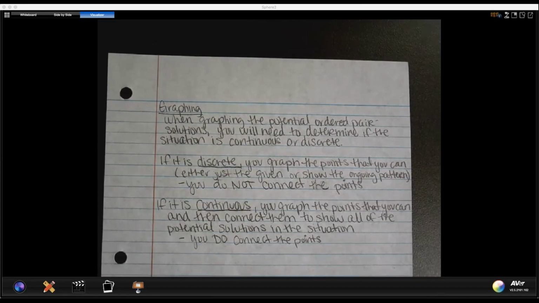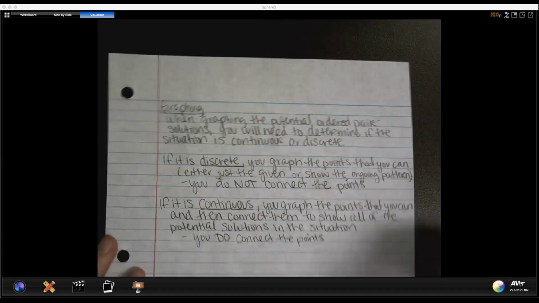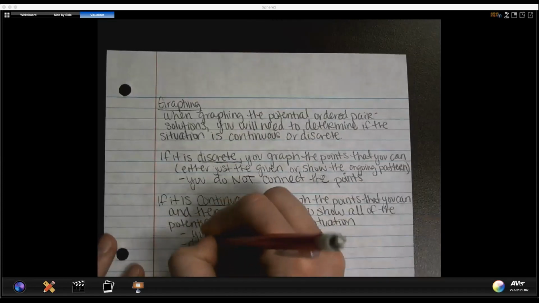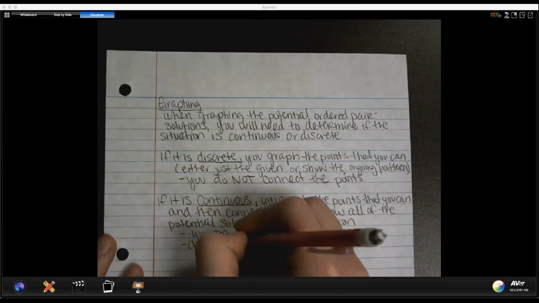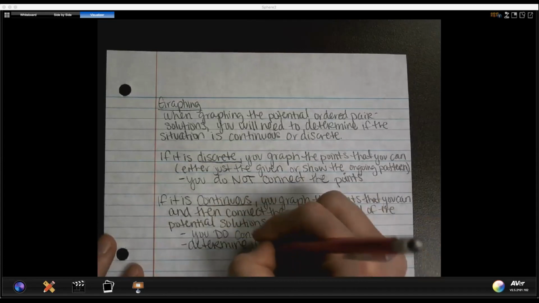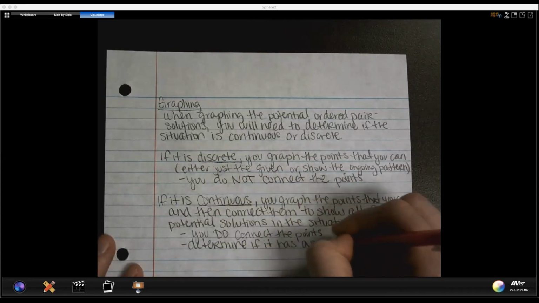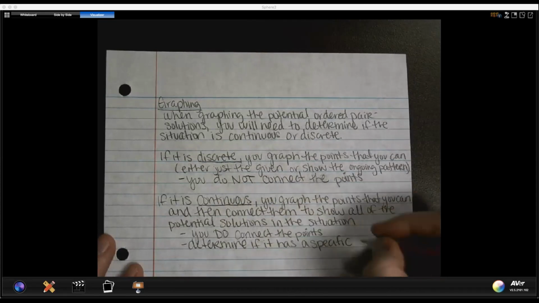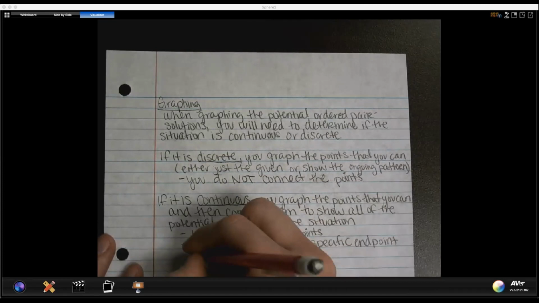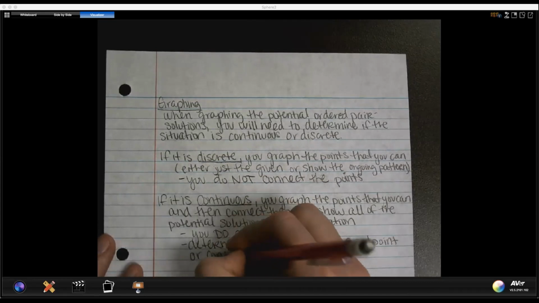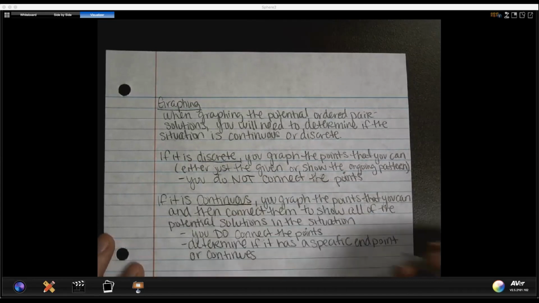Okay, and then the last thing you do for continuous, which is different from discrete, is that you want to determine if it has a specific endpoint or continues on.